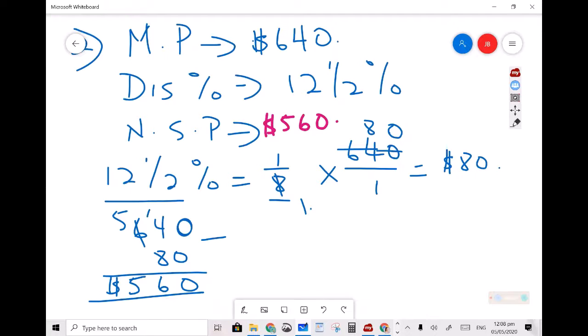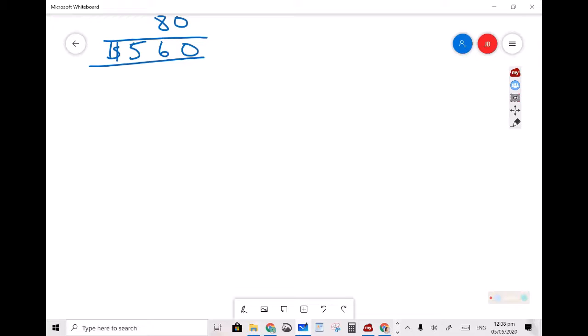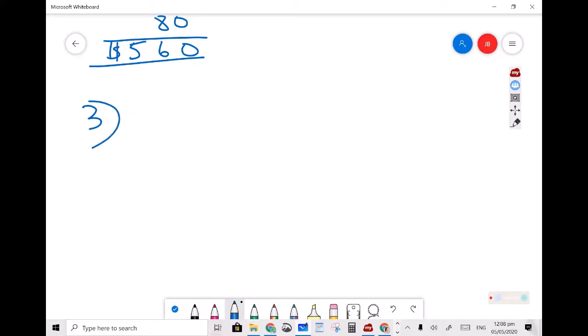Okay, so we can look at another example. Example 3. Where we have our marked price at $2,500.